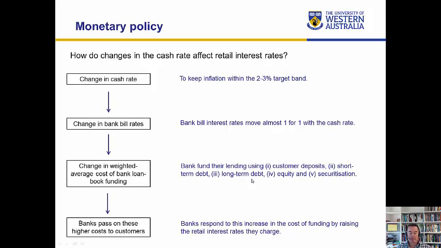So the cash rate's coming down by 0.5%, but the interest rates on long-term debt are rising. And so the higher interest rates on long-term debt, in terms of the bank's average cost of funding, could actually neutralise the reduction in the cash rate, or at least partly offset it.